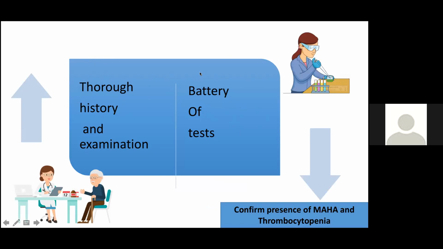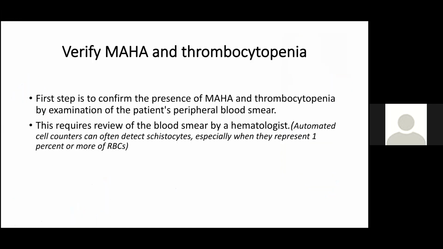Since this is an overview, I'm not going to discuss all the investigations, but your aim is to confirm the presence of microangiopathic hemolytic anemia and thrombocytopenia and exclude other systemic diseases. Since the cornerstone of the diagnosis is microangiopathic hemolytic anemia, it should be verified. It is done by a review of the peripheral blood smear by a hematologist. That's how you confirm the microangiopathic hemolytic anemia.